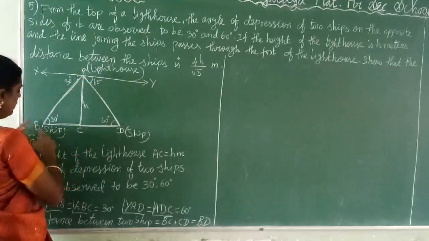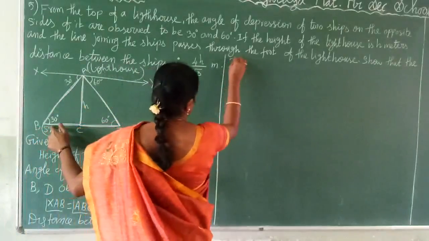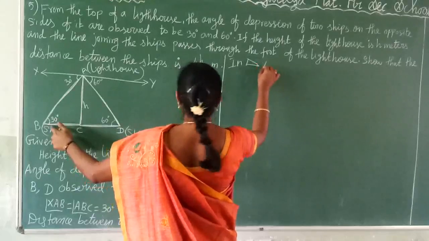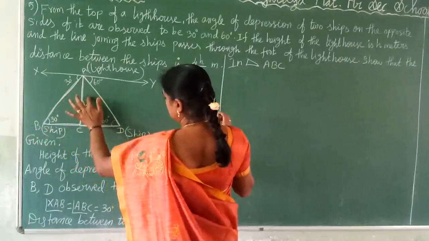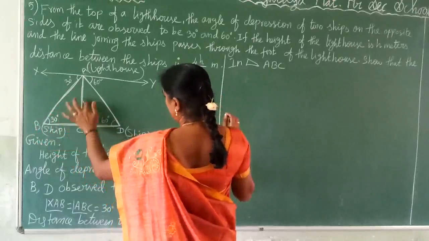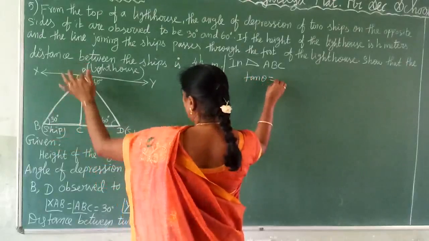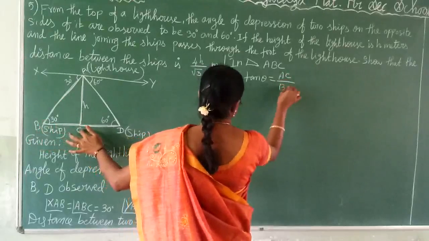In triangle ABC you can easily find BC. Select the right angle triangle ABC. Here is theta; this one is the opposite side, this one the adjacent. Opposite and adjacent means tan theta. Tan theta equals opposite AC by adjacent BC.